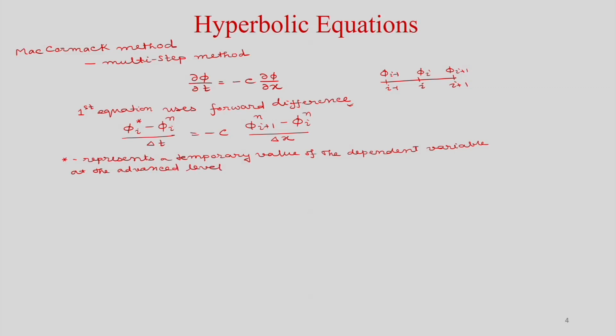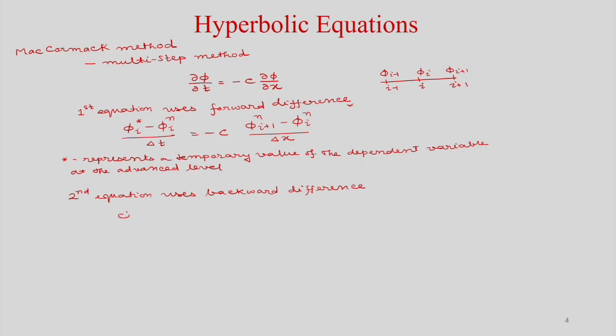Now, in the second equation we will use the backward difference of the spatial derivative. So, the second equation uses backward difference, or you can do vice versa. First you can use backward difference, then you can use forward difference.